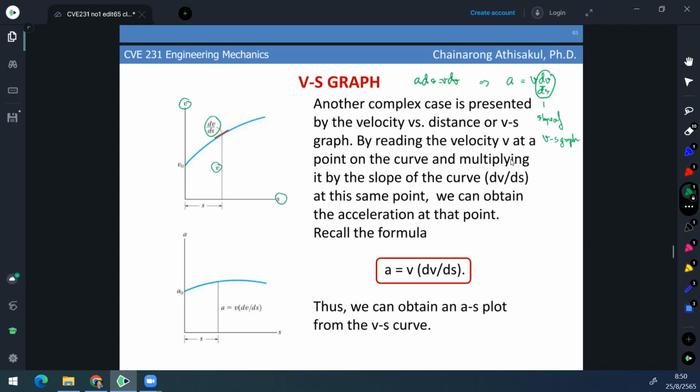So when we have the v-s graph and would like to construct the a-s graph, we determine acceleration from this relationship: we multiply the velocity at any position by the slope of the v-s graph at the same position. You get the acceleration at that position, and then we can construct the a-s graph this way.